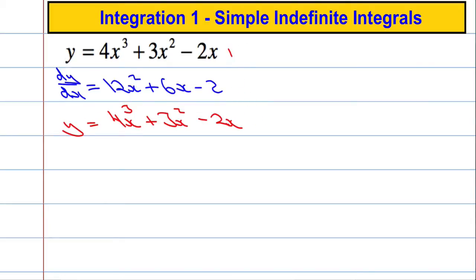There could be any number here, because if I take the derivative of any constant I get 0. So just in case, when we integrate a function we should always add the constant of integration c, and that's for indefinite integrals. Those are integrals where we're not trying to evaluate anything.